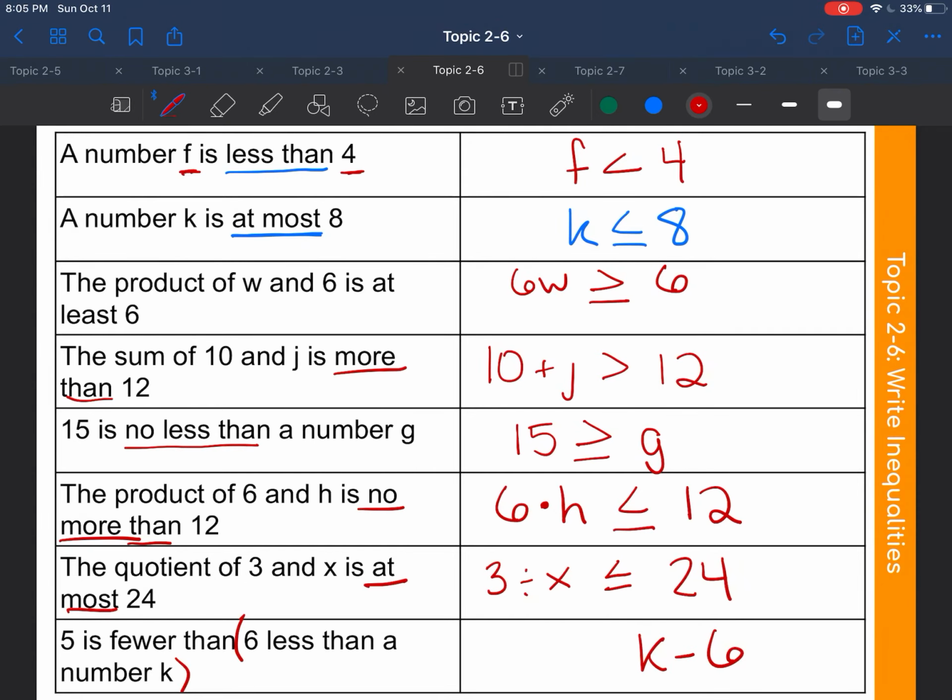So it's k minus 6. This stands for 6 less than a number k, and it's 5 is fewer than. So 5 is on the other side, and it's saying 5 is fewer than or less than 6 less than a number k. This one's a little tricky because you see less than here, so you have to think twice about it, but really all it's telling you is to do subtraction for that.